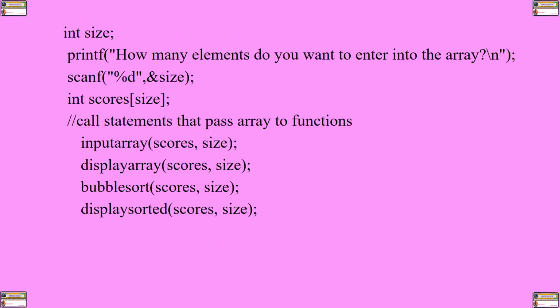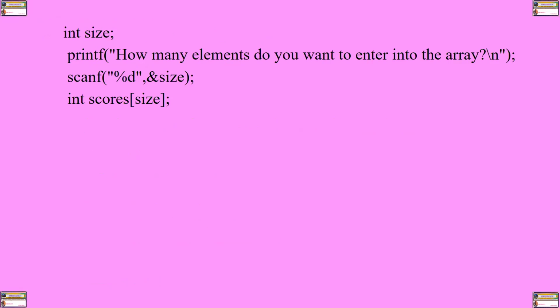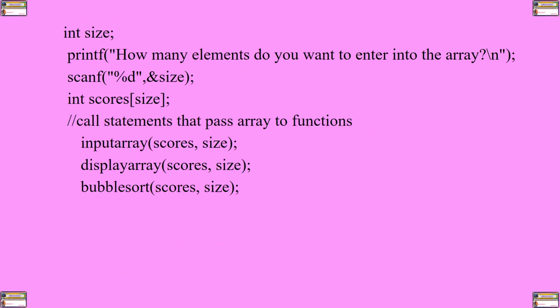So once that is done, the control will be taken back to the main program. And the next statement to be executed is this one, display array. The function which will be invoked is called display array, and it will be passed the array, scores, and its size.